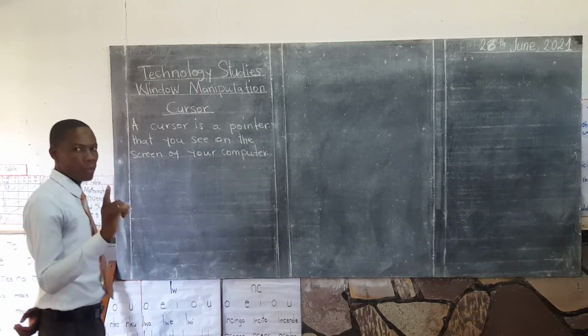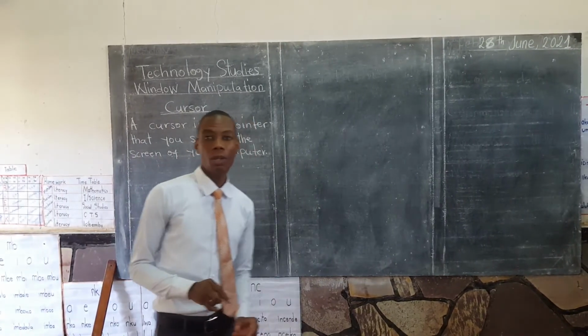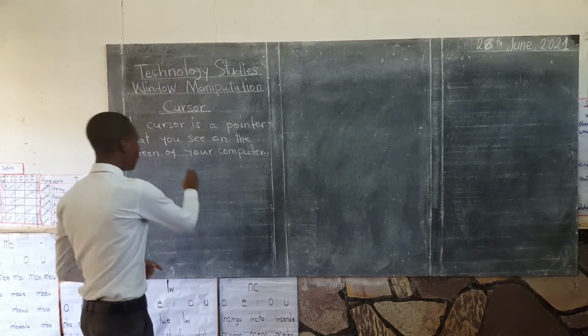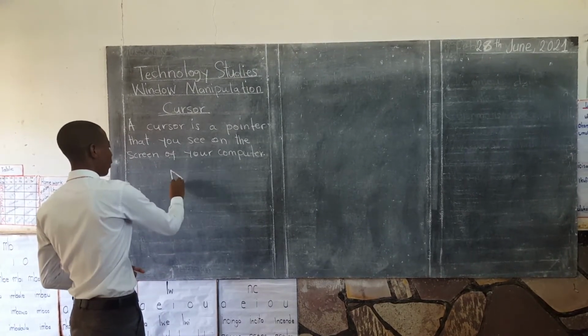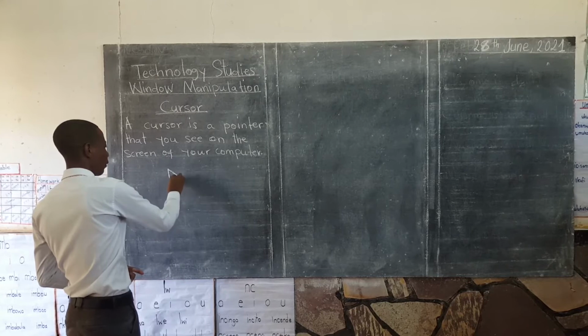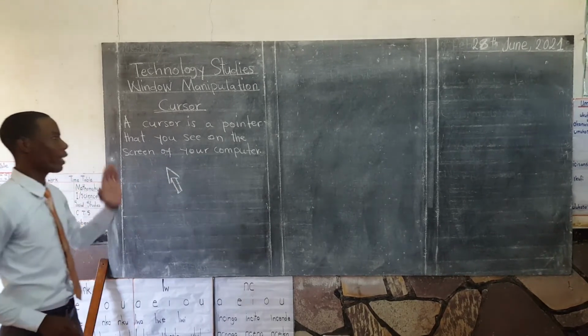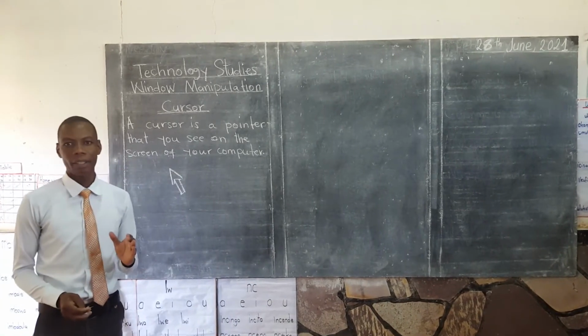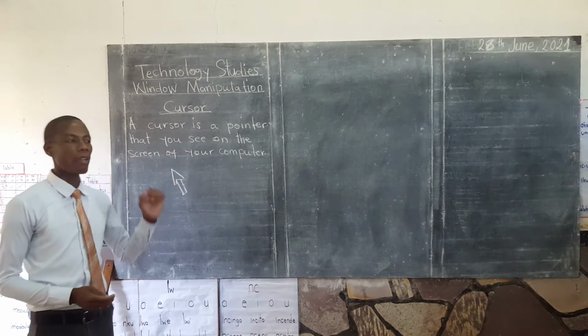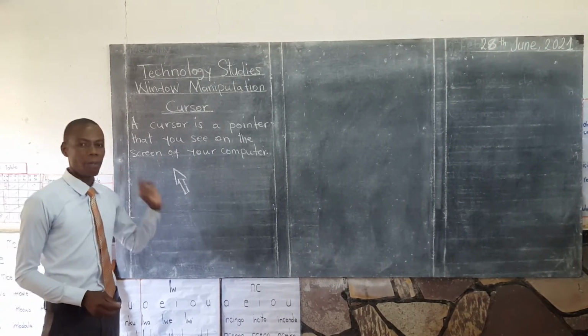That pointer that you see on the screen of your computer is what we call a cursor. It looks something like this. So that is a cursor.